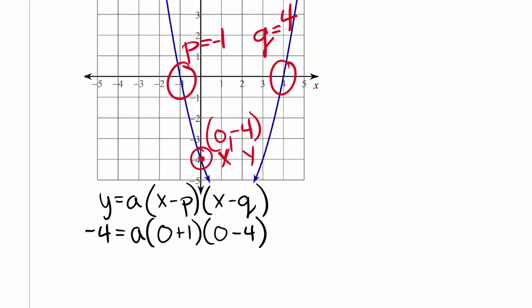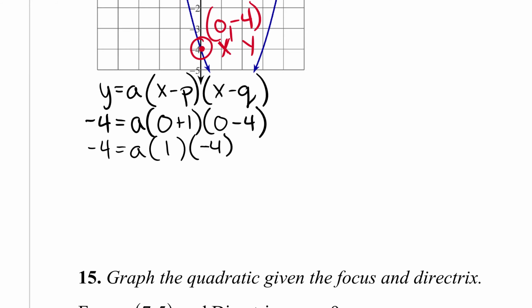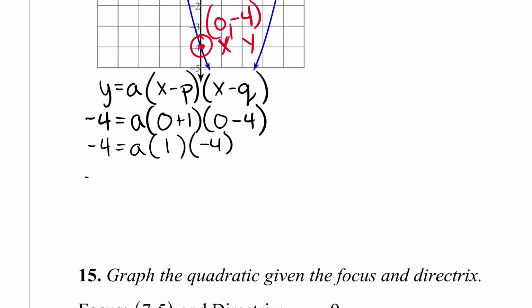And then I solve. So I have -4 equals A(1)(-4). I multiply those, so -4 equals -4A. And when I divide, I get A, so that is 1. So that's not bad.